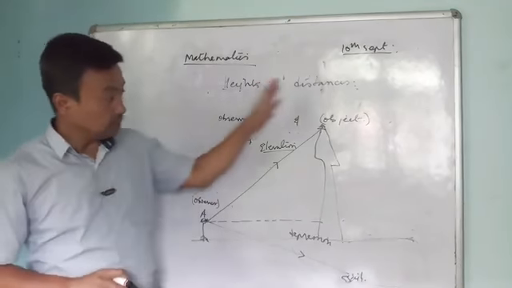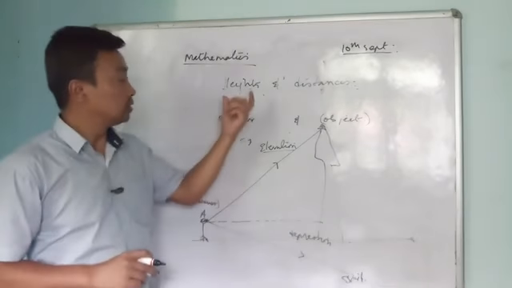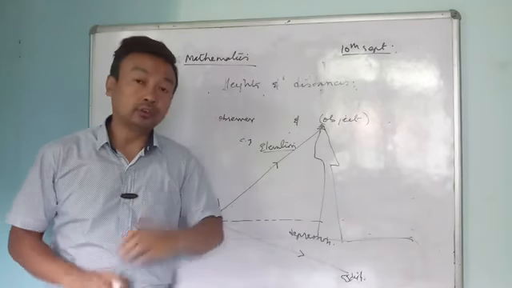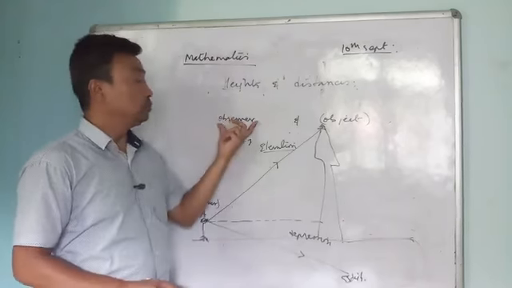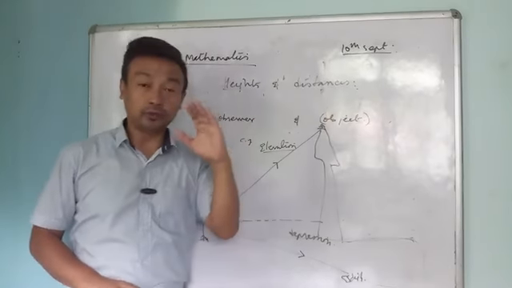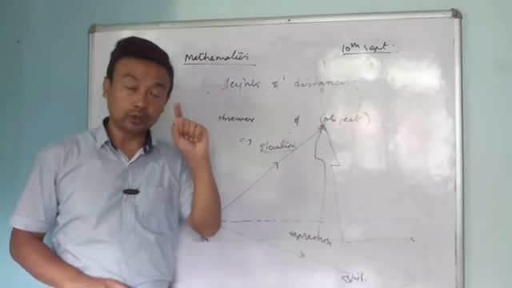As a quick recap, to find heights and distances with the help of trigonometry, we have two terms, observer and object. The observer is the one who is observing, the point of observation.